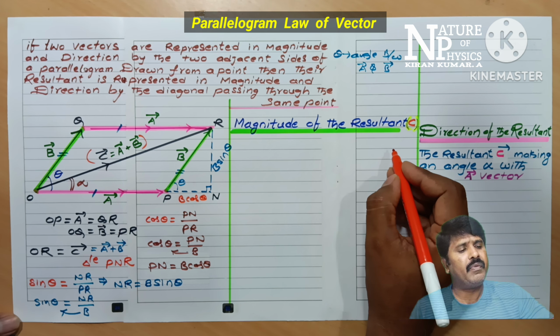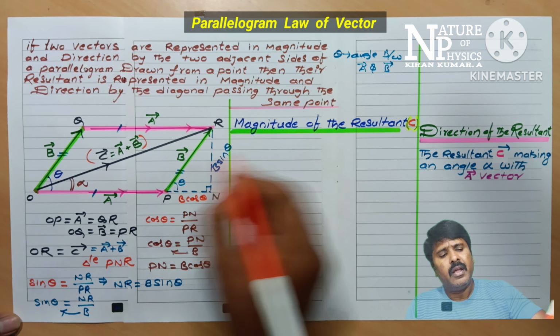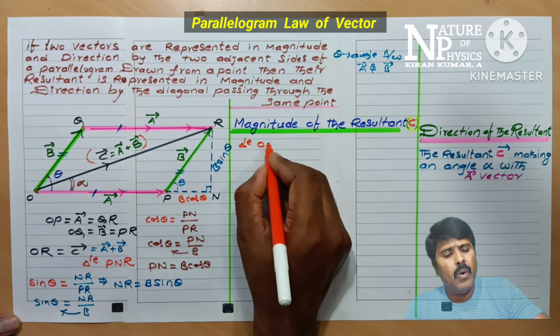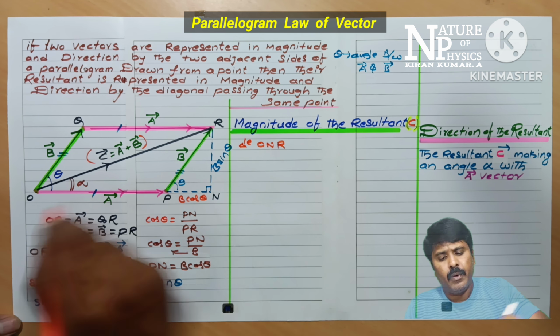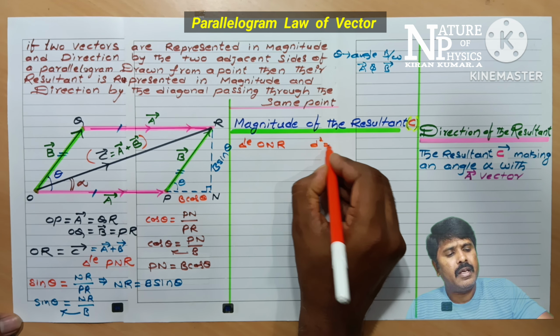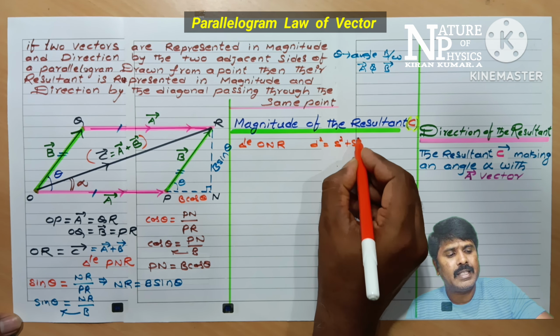First, finding the magnitude, student. For the magnitude, considering the right angle triangle ONR, clearly written: in a right angle triangle, the diagonal square is equal to side square plus side square.